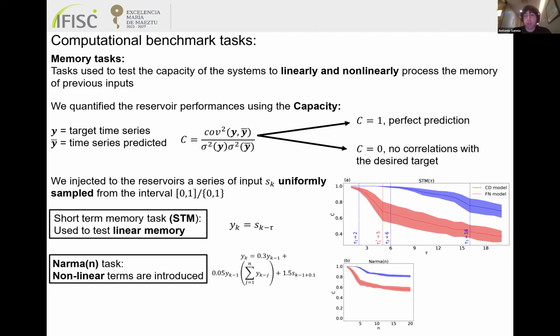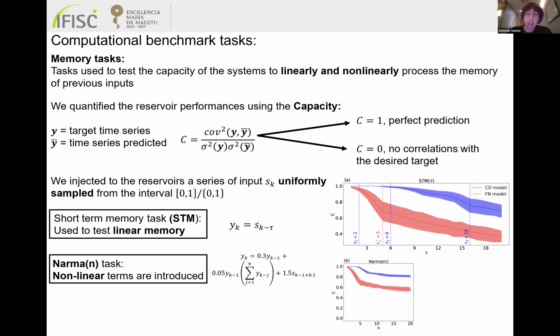Now, in order to introduce some nonlinearity, I studied the NARMA task, in which we have a quadratic term in the target series, this term here. This is a nonlinear task, but the degree of nonlinearity is still not so strong, just a quadratic term.